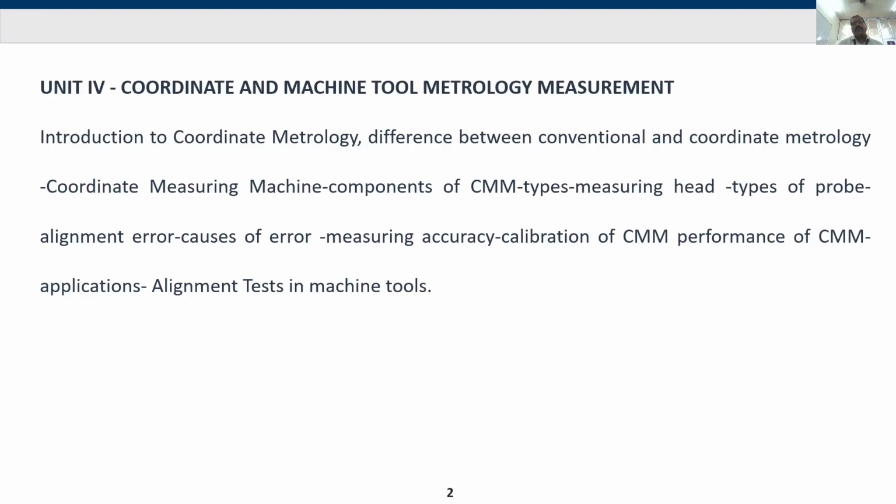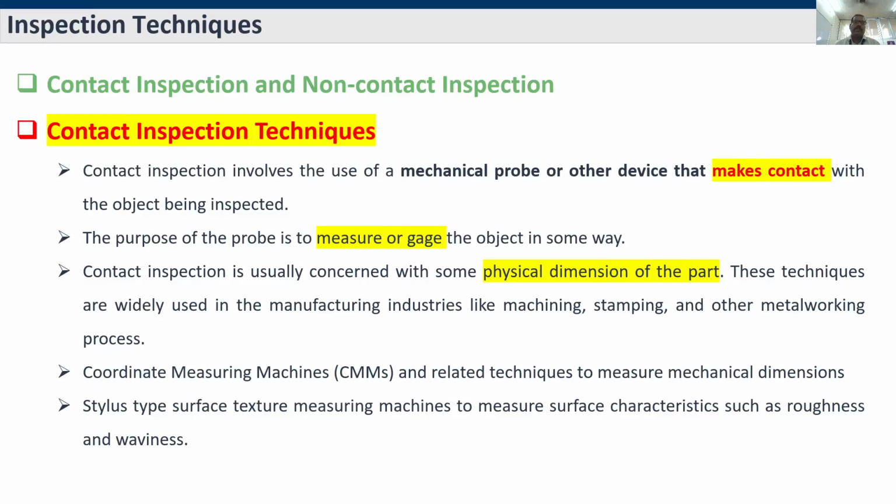If we're talking about metrology or measurement, it's basically all about inspection. So why do we need measurements, particularly for inspection? In terms of inspection techniques, we have contact inspection and non-contact inspection, where contact means physical contact and non-contact means non-physical.